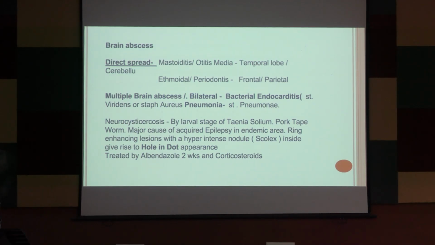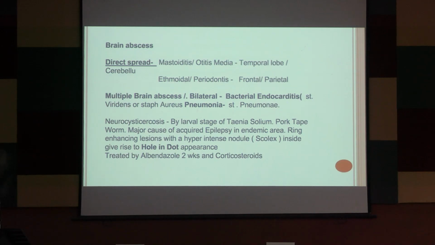Brain abscess may be a direct spread from mastoiditis or otitis media, very common in children. Children suffering from otitis media develop a temporal lobe abscess, or there may be a cerebellar abscess also. Periodontitis, dental infections, or ethmoidal sinus infections give a chance of parietal or frontal lobe abscess.